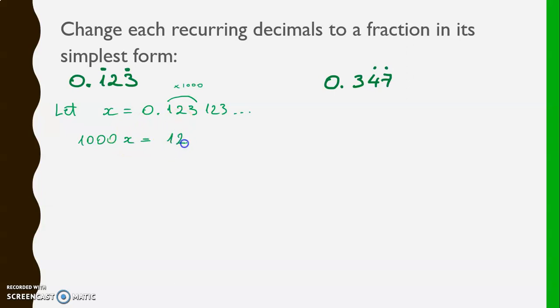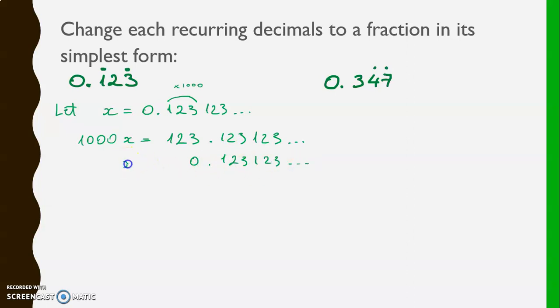So 123.123, and so on. And now, as you can see, by leaving x equals 0.123, we have the same digits after the decimal point.